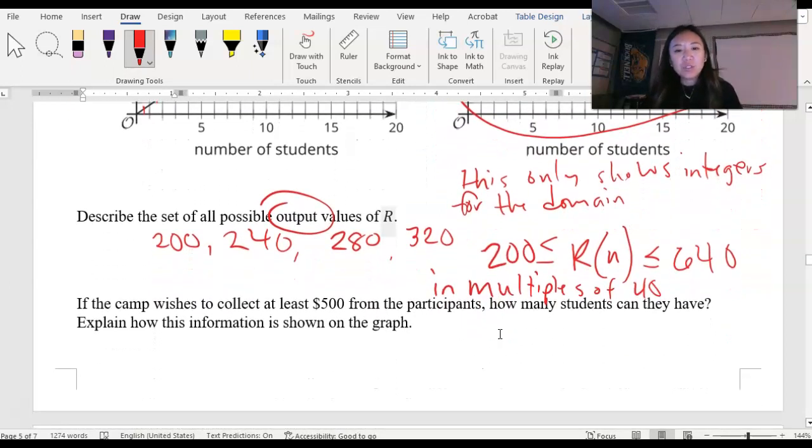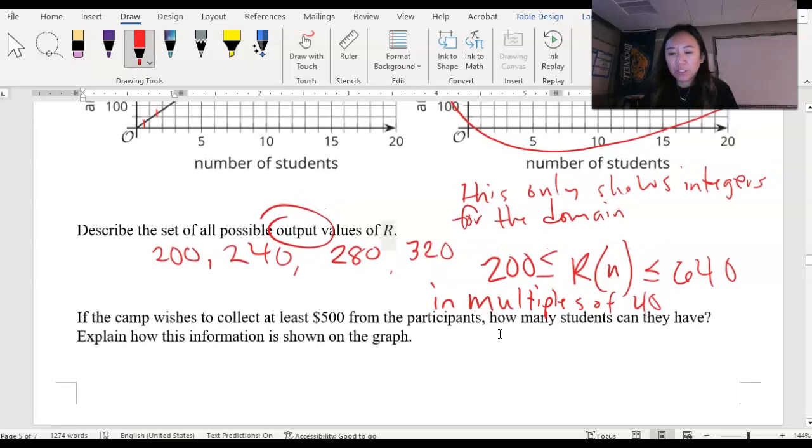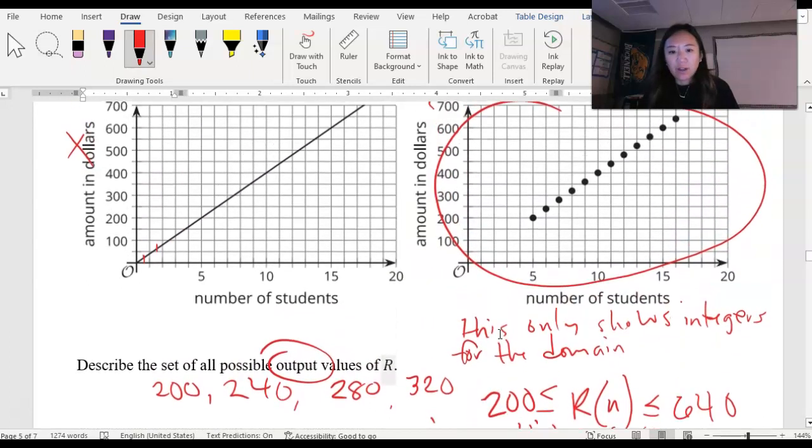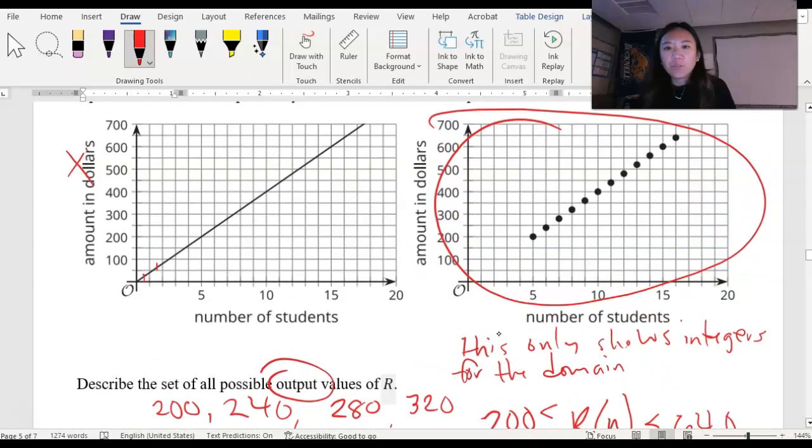If the camp wishes to collect at least $500 from the participants, how many students can they have? Explain how this information is shown on the graph. So if we want to get at least 500, right, then the amount has to be above 500. So we're looking at where it starts here. This is 14, 13.